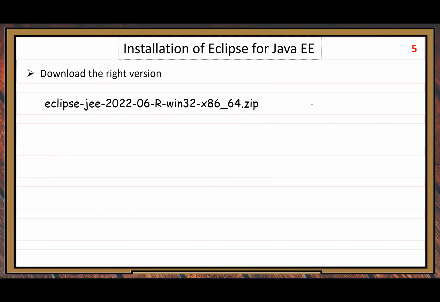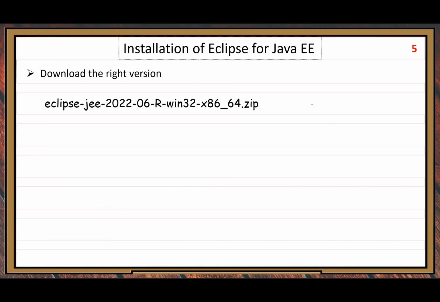Select the Windows link, and it will take several minutes, depending on your internet speed. At my home it's not very fast, so I need several minutes. Download this file.